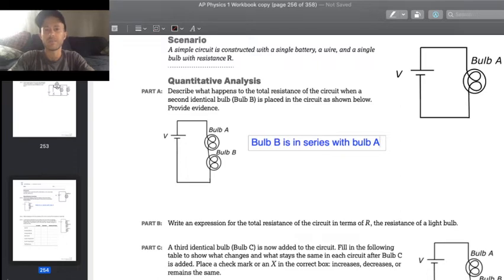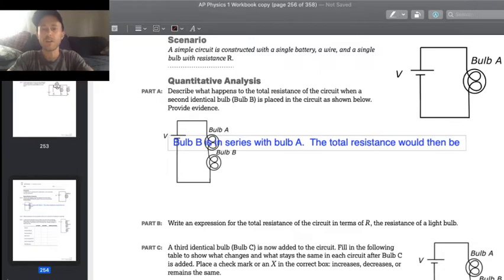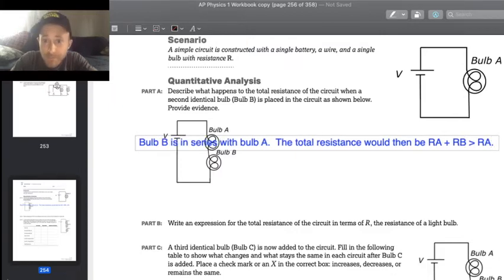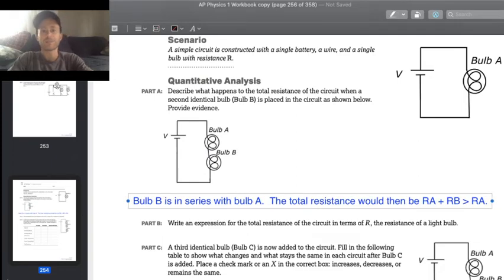The total resistance would then be RA plus RB, which is greater than RA. All right. So that's what I would say for that part.